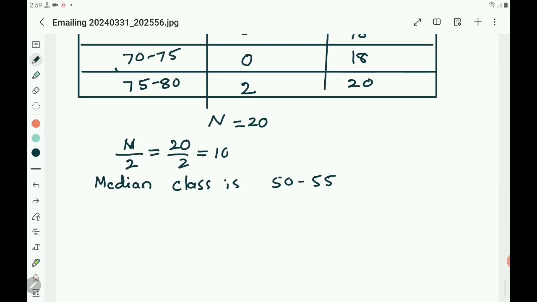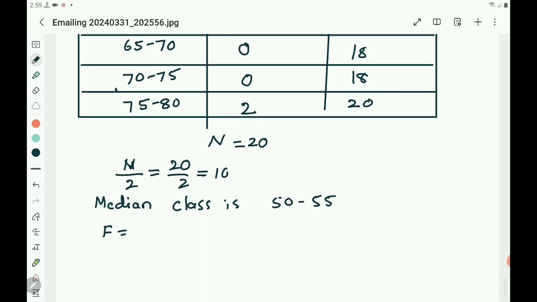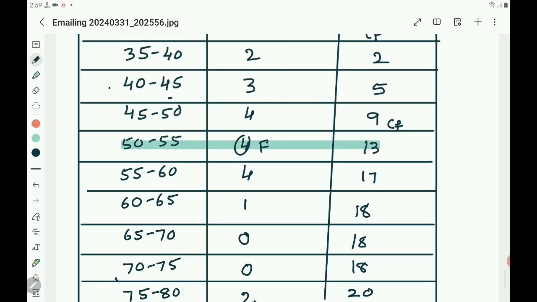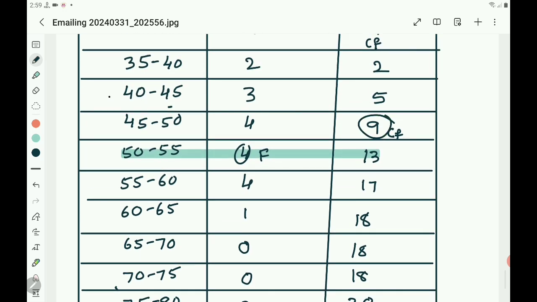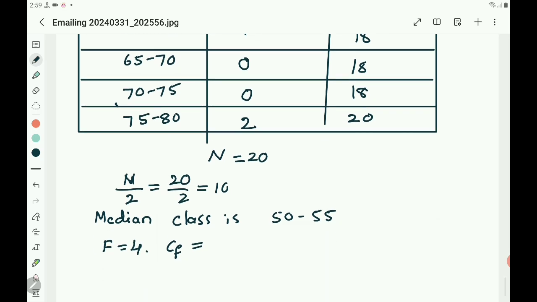Right, here F is equals to how much? 4. Then CF is equals to, that is the cumulative frequency of the class before the median class. That is CF is 9.